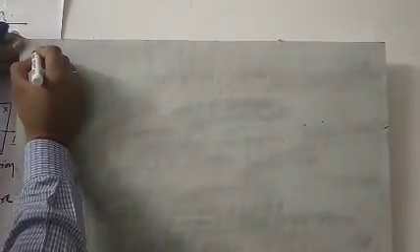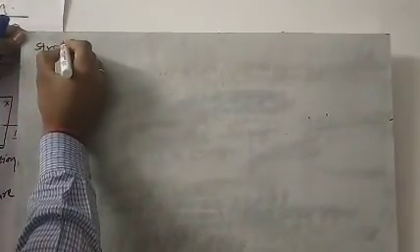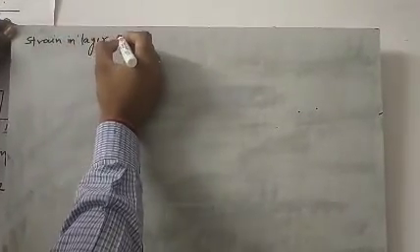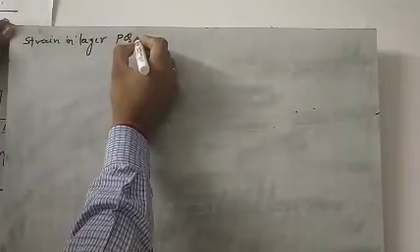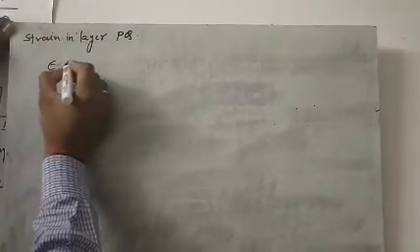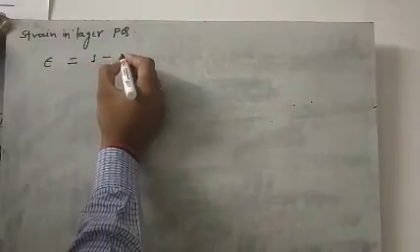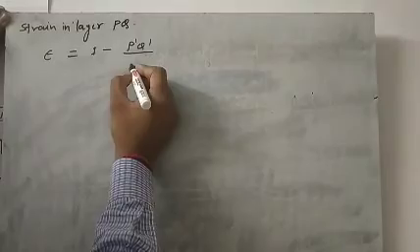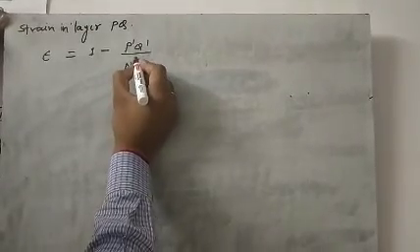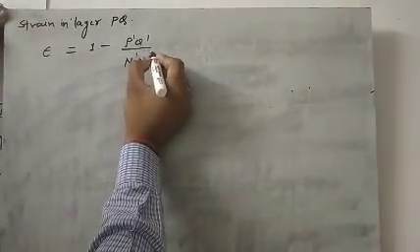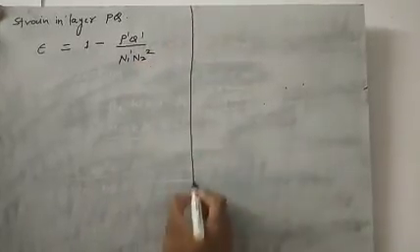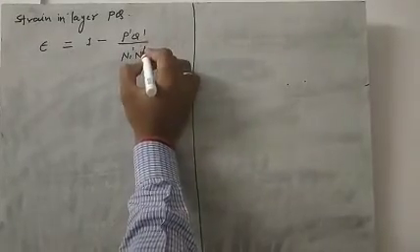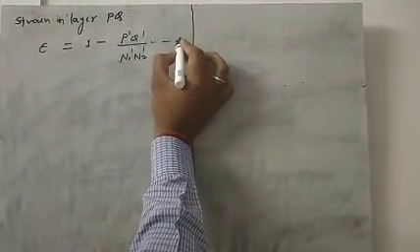To know the strain in layer PQ, it will become psi equal to 1 minus P dash Q dash upon PQ, which is replaced by N1 dash N2 dash. Right? Sorry. This is N1 dash N2 dash, and this is equation number 2.